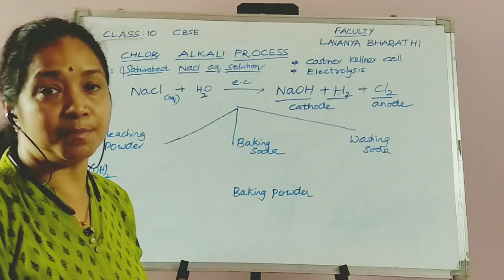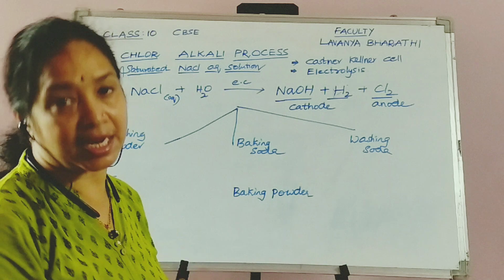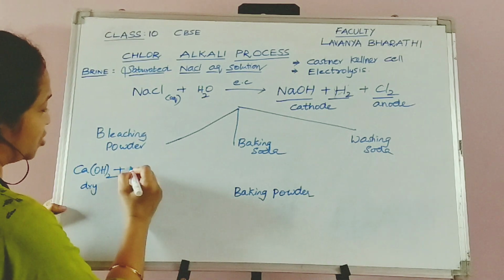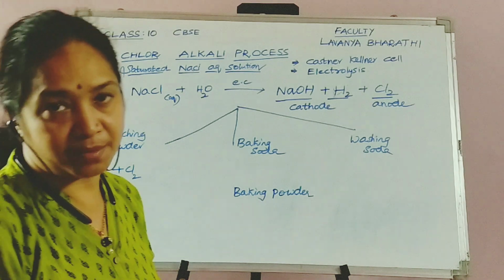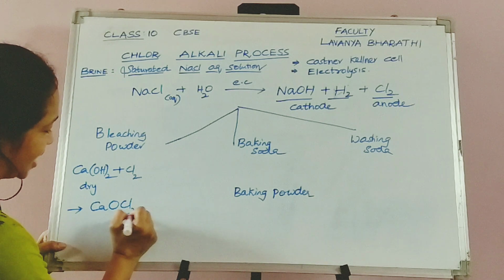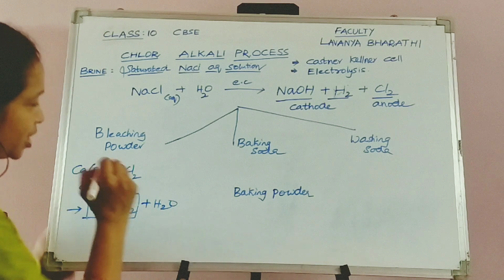There is a very important thing we have to remember: we have to take dry calcium hydroxide. So this dry slaked lime is treated with chlorine gas, then you obtain bleaching powder, and the formula of bleaching powder is CaOCl2 plus H2O.